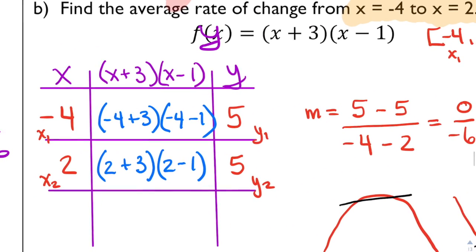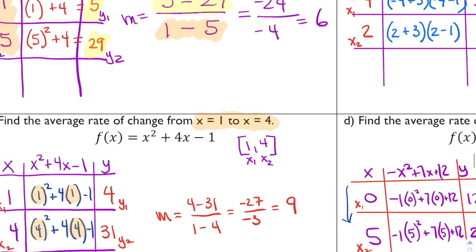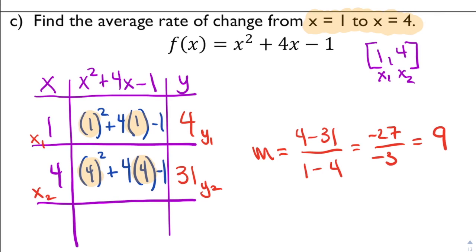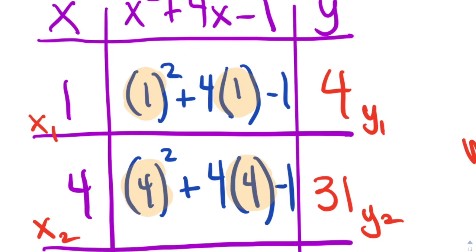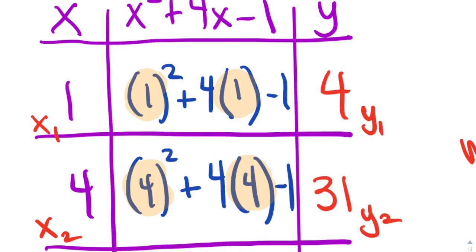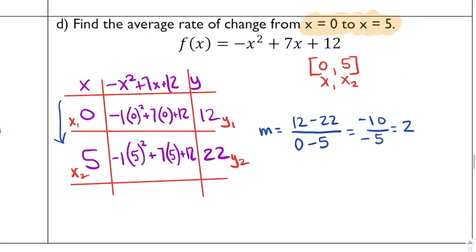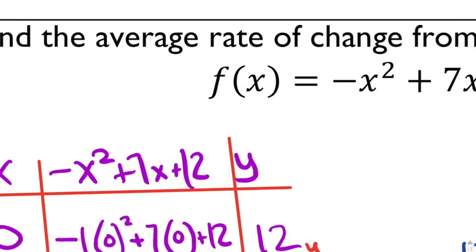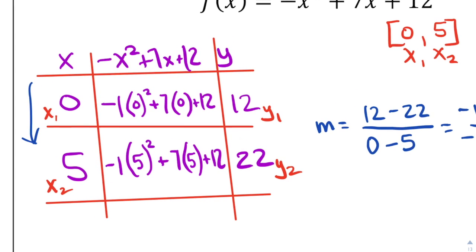We had another one that was in factored form, and we just made sure that we took our input and put in both places for our x values. We had just a typical standard form, 3 terms. Again, making sure that in each row our input for x remained the same, 1 and 1, and then a 4 and 4. And then we had another quadratic in standard form. This one had a negative 1 out front, so when we put it in our table, we need to make sure that we included that in our equation.